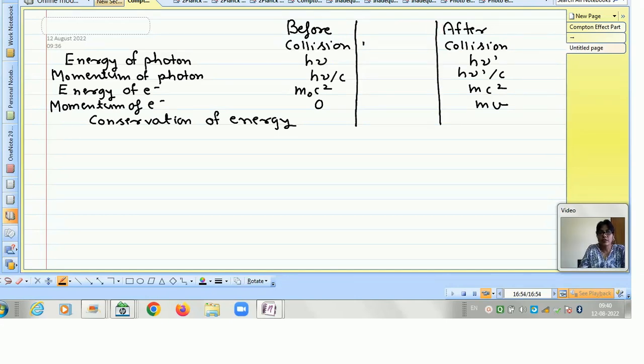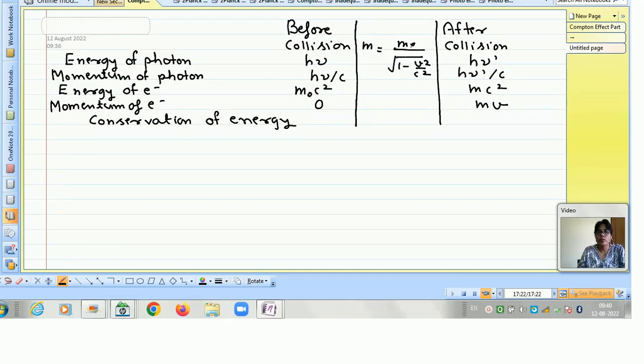There is a relation that m is equal to m naught upon under root 1 minus v square by c square. When the velocity of any particle or object approaches the velocity c, where c is the speed of light, then the mass is not constant, but it also increases with the increase in velocity, and this is the relation.